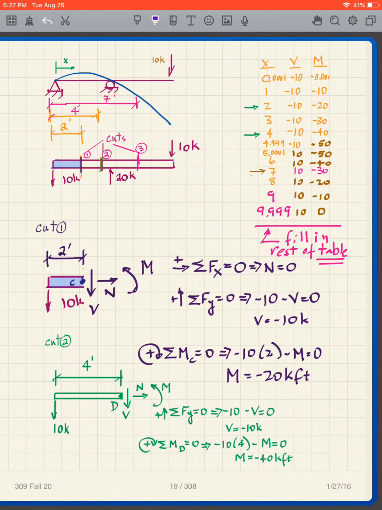So we've been able to figure out all of the V's and M's from 0 to 4.9999999.